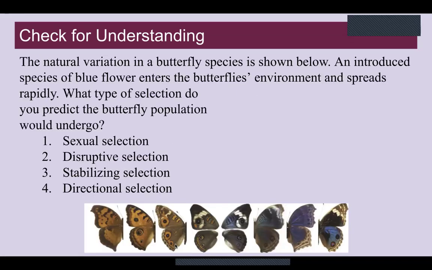Next, the natural variation in a butterfly species is shown below. So here you have a range of colors from golden to blue, and that's one species. It has all that variation.